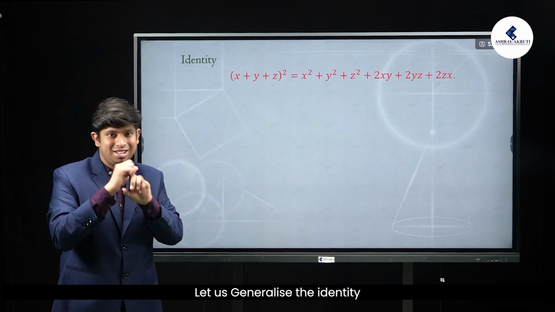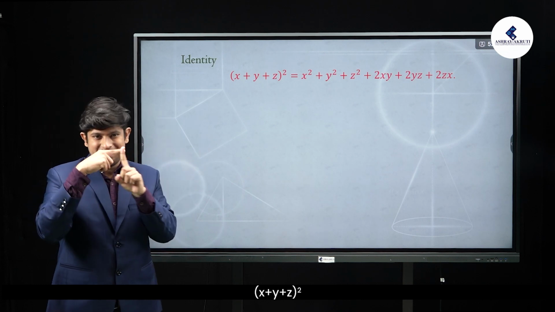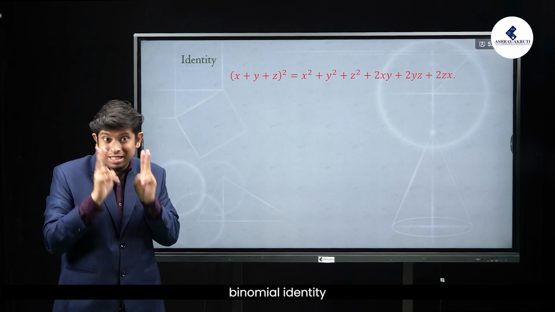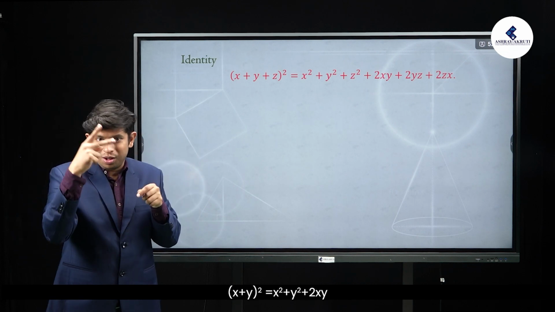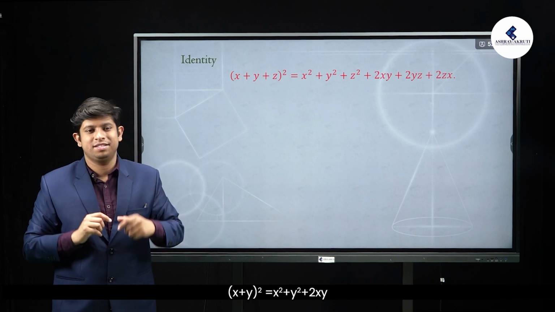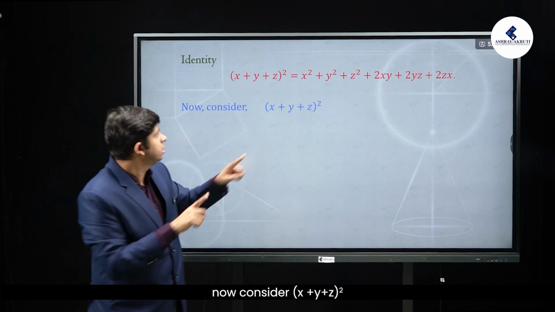Let us generalize the identity x plus y whole square and define the identity x plus y plus z whole square. Write the binomial identity: x plus y whole square is equal to x square plus y square plus 2xy. Now consider x plus y plus z whole square.